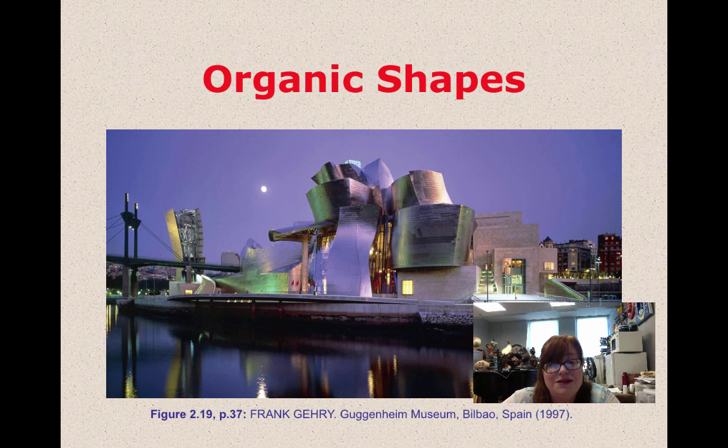And then here's something very unusual where an architect will try to push past the bounds of what we think of as ordinary buildings and do something quite different. So this is Frank Gehry's Guggenheim Museum in Bilbao, Spain. And here he's creating a more organic feeling building by making the shapes curvilinear.